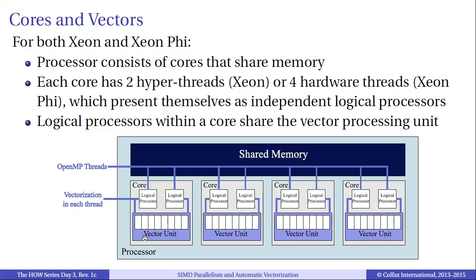Within each core, there is a vector processing unit, which is a SIMD device. SIMD stands for single instruction multiple data. A vector unit can take multiple numbers, integers or floating point numbers, and apply the same operation to these numbers as one instruction.